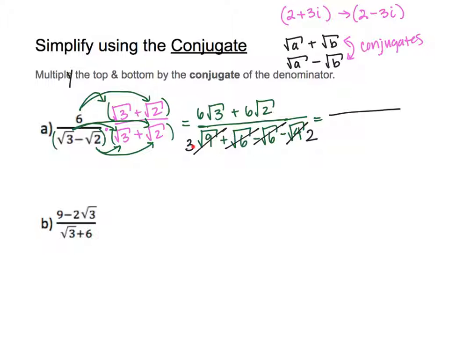So what's 3 minus 2? 1, right? And so the top here, can I combine these two, square root of 3 and square root of 2? No, because we learned yesterday in order to add radicals, they have to have the same radical or the same root. In this case, this one's a 3, this one's a 2, so I can't combine these. So I'm just going to bring them over.